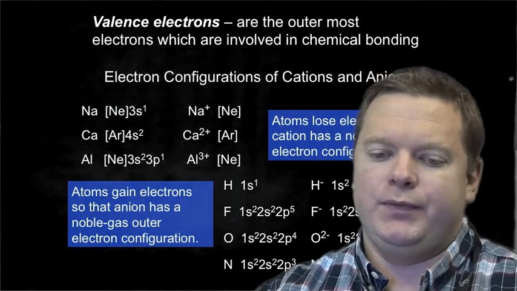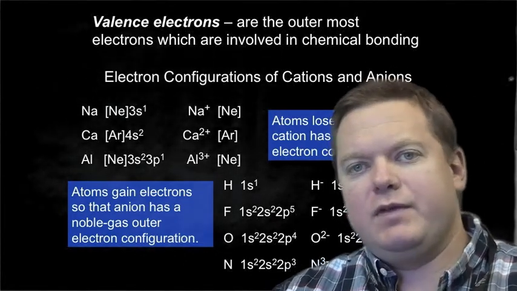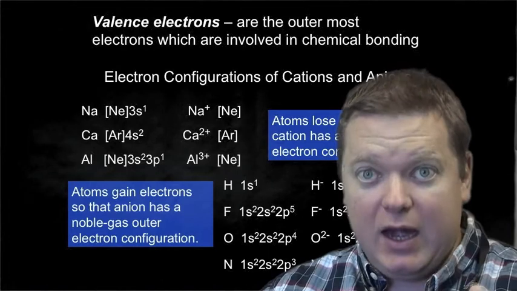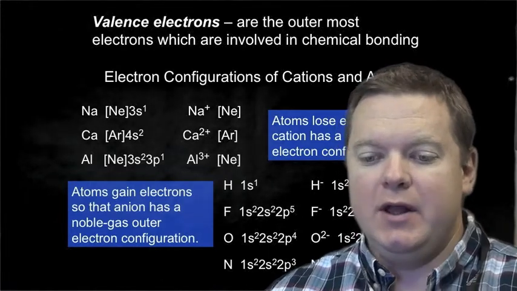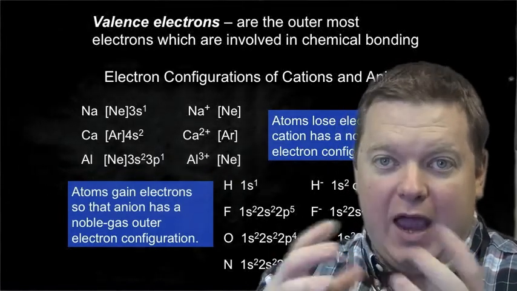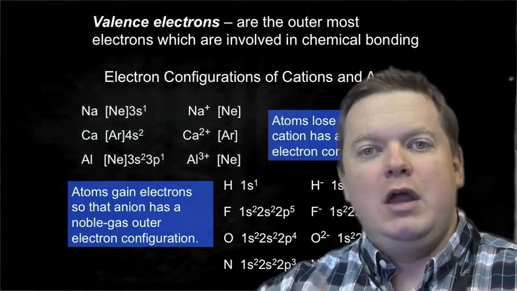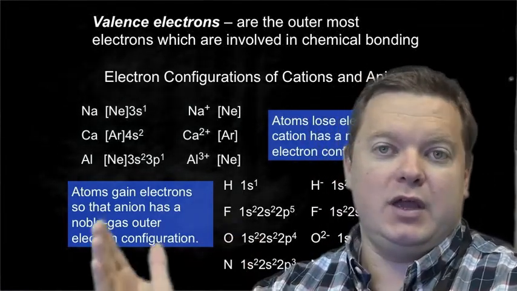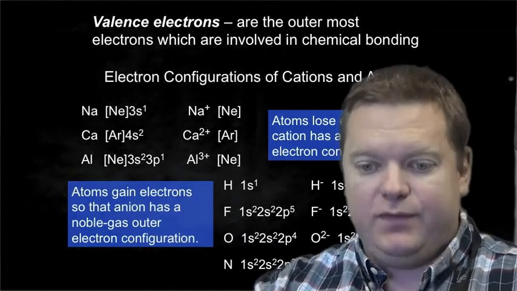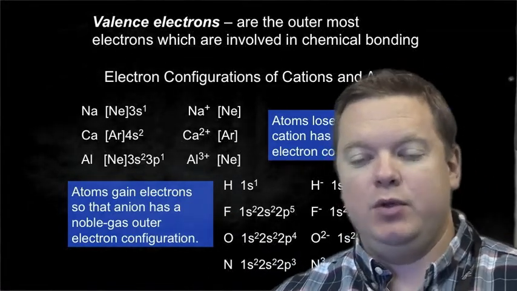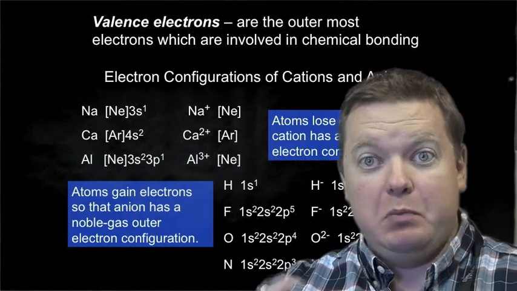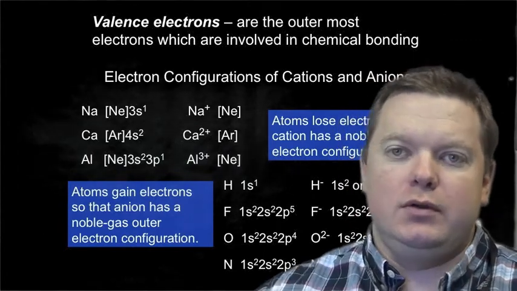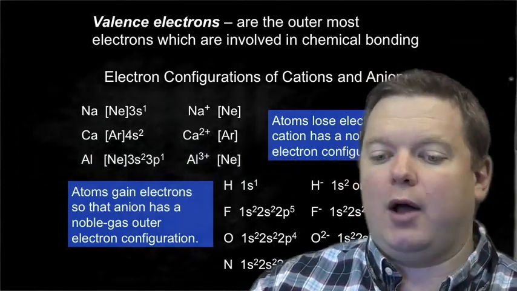shell level. Conversely, if we look at these anions, where they're gaining electrons, these negative charges, they're also in an effort to gain and completely fill this outer level. And remember, on the periodic table, those that form anions are typically closer to having a filled shell. So if we look at fluorine, for example, we're 1 electron away from completely filling the principal quantum number 2 shell.